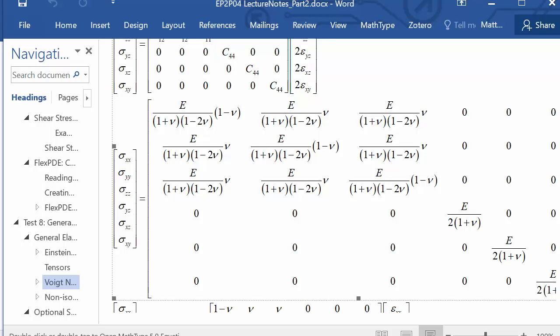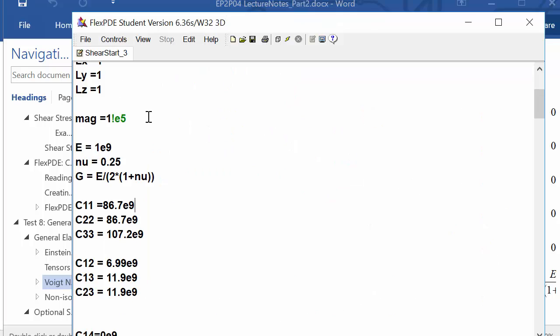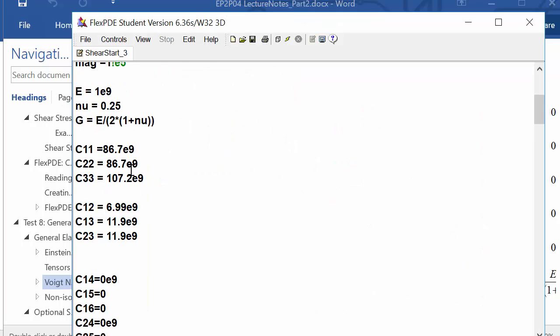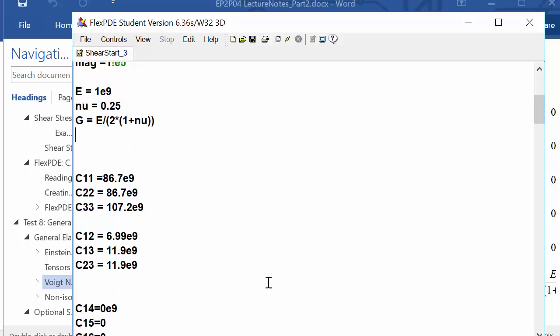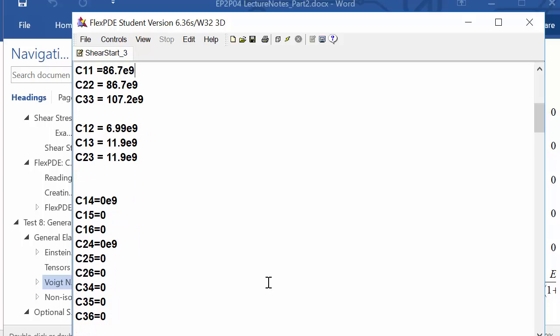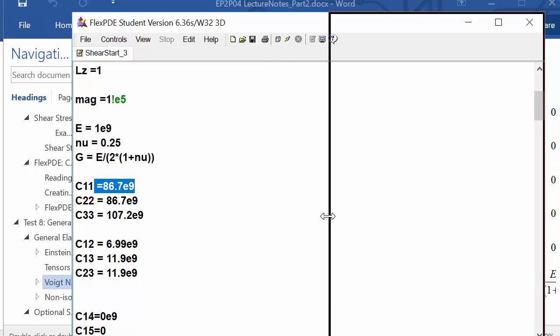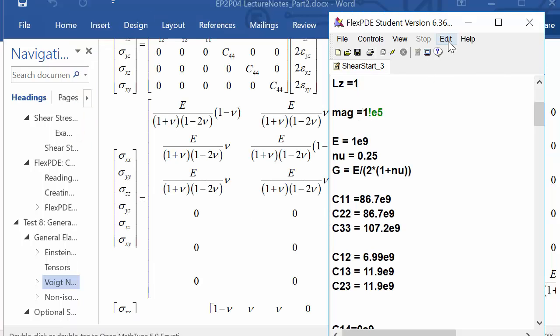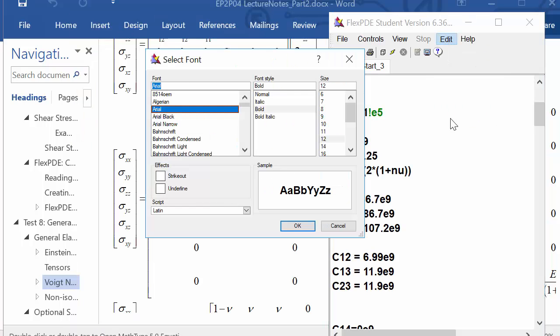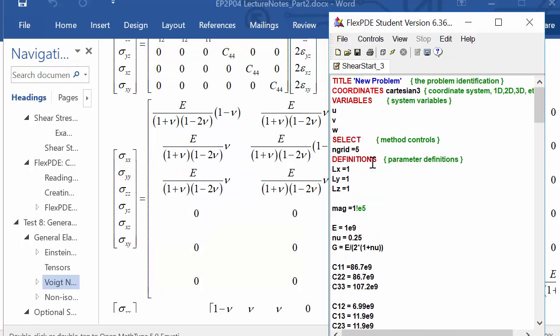So going back to Flex there, we're going to calculate C11, which is exactly that thing. So let's move this over there, and maybe make the font a bit smaller, like maybe a size 8, just so that you guys can see it a bit easier in the video. Great.